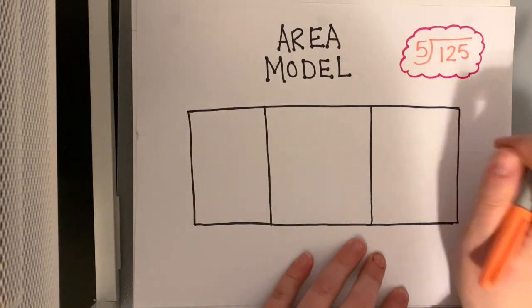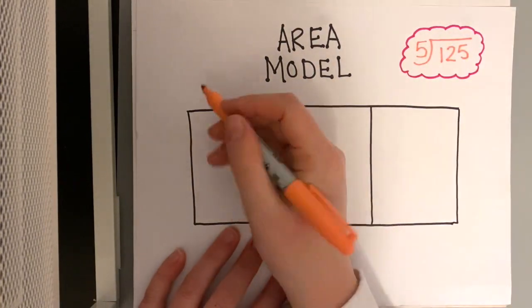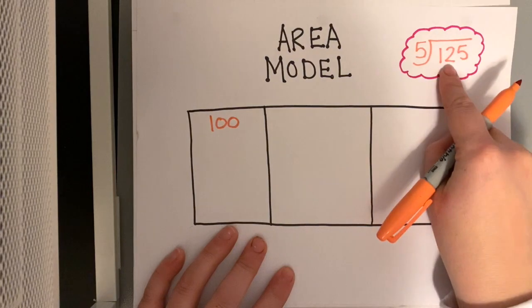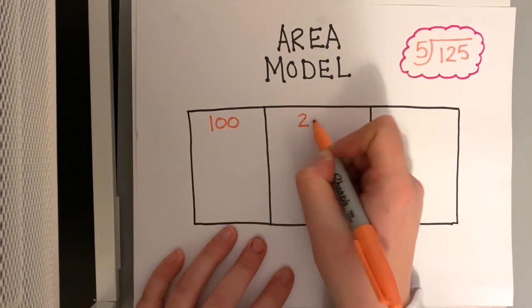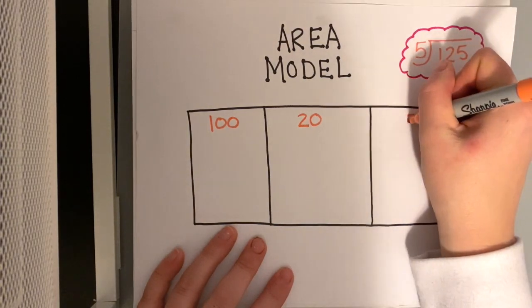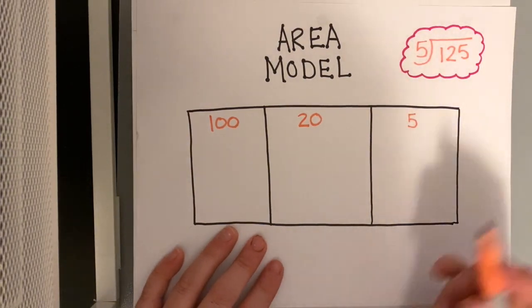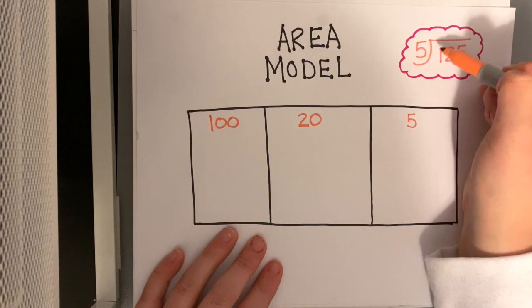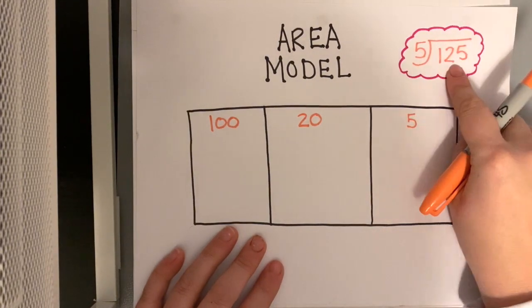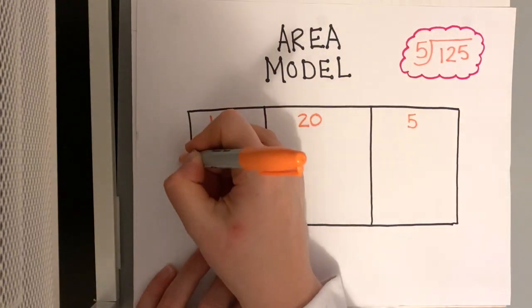So I know that the 1 represents 100, the 2 represents 20, and the 5 represents 5. Then I'm going to take this number, the one I'm trying to figure out how many groups of 5 are in 125, and put it at the side.